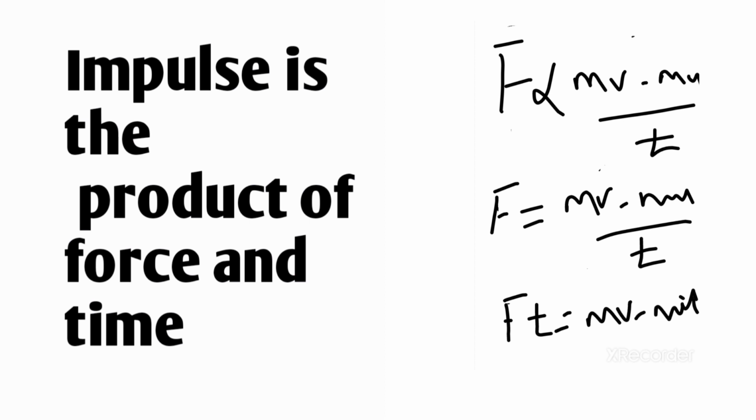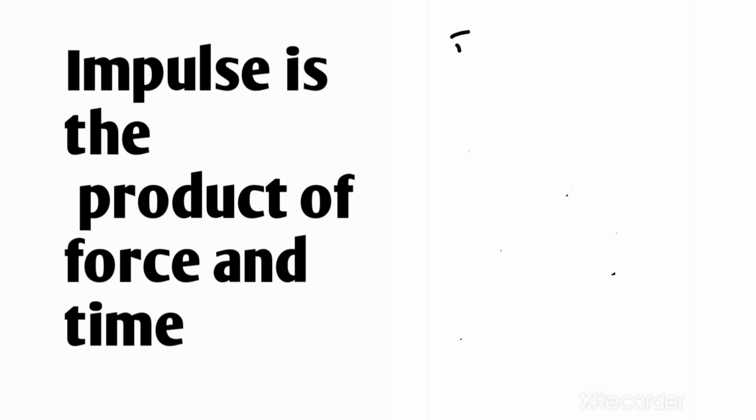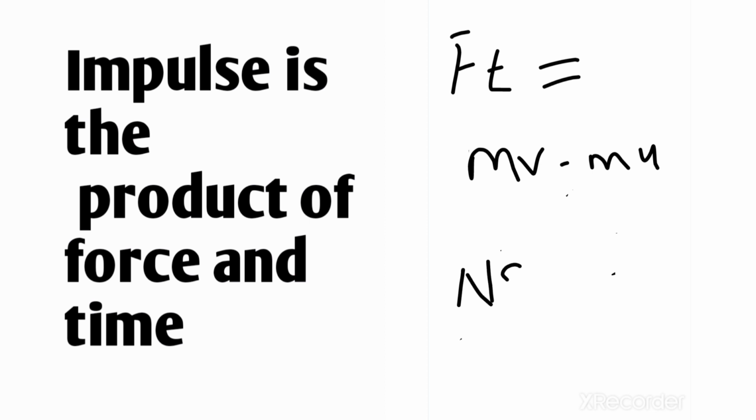So this mv minus mu is the change of momentum of a body, and Ft is called the impulse of the force. Impulse of a force, the product of force and time, is equal to the change in momentum. F is in Newton, time is in seconds. That's why the SI unit of impulse is Newton seconds.